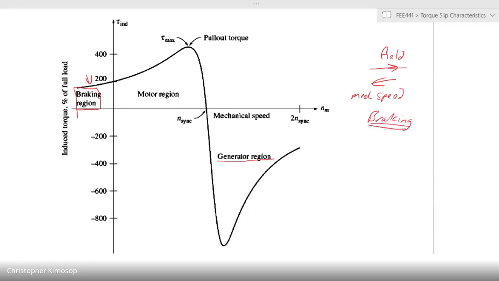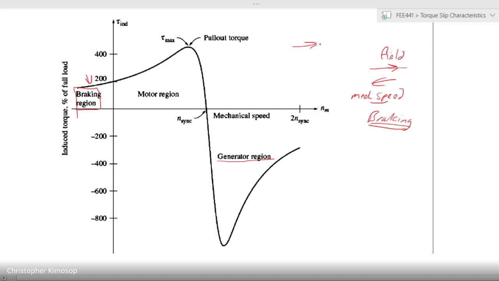Before that lecture, it might be interesting to do a thought experiment: what would be the conditions, or how would we make sure that the magnetic rotation and the mechanical rotation are in opposite directions? How would you actually achieve that?